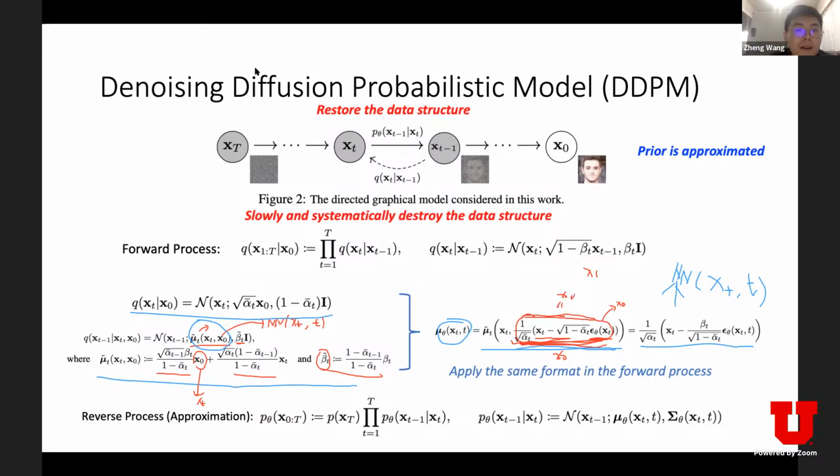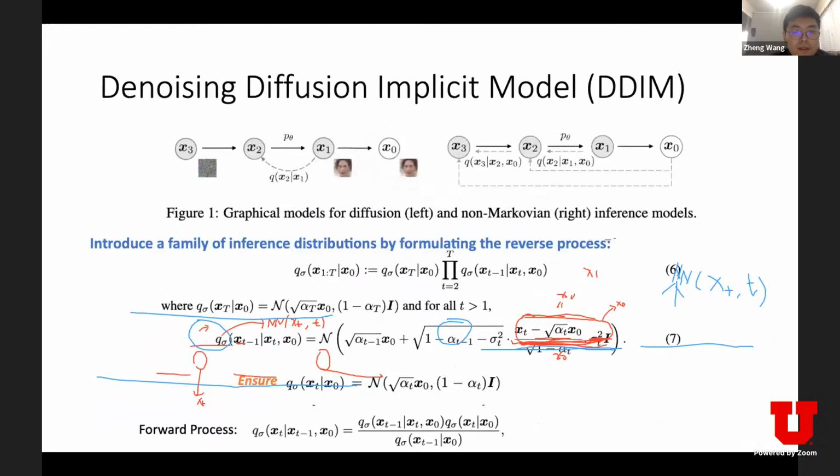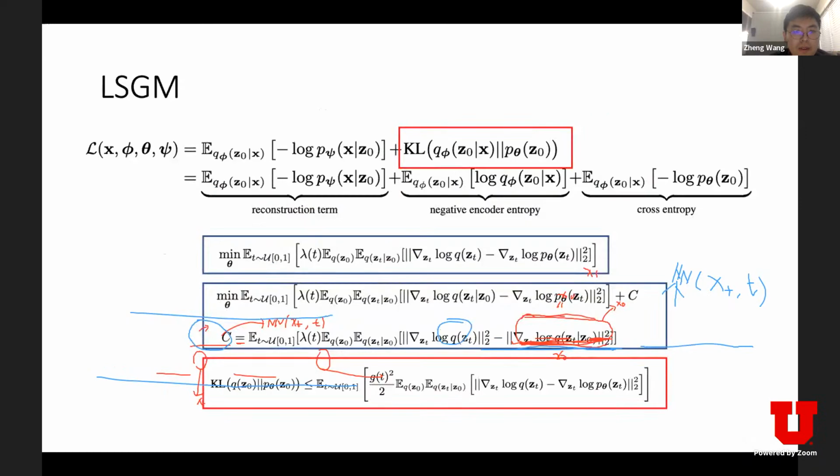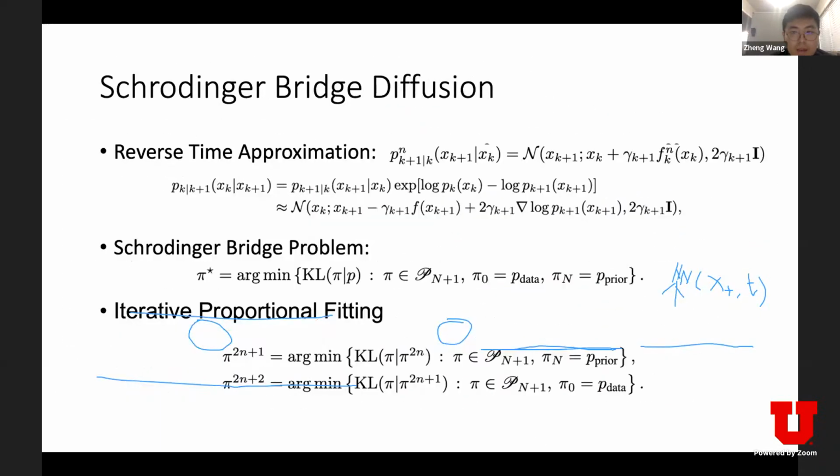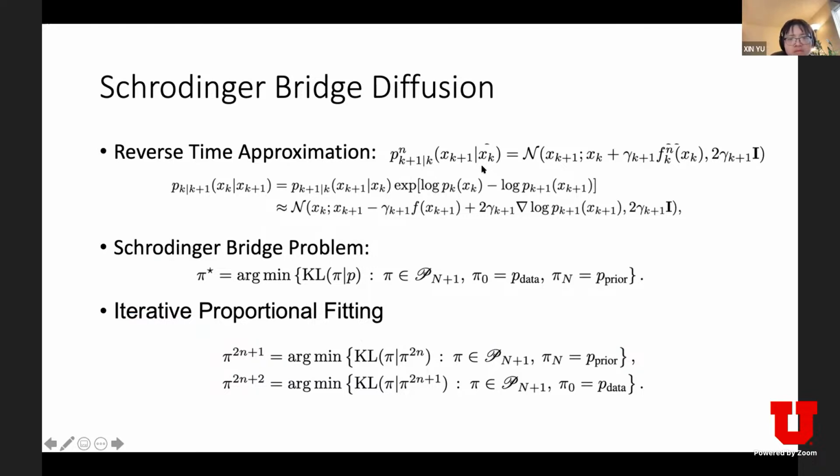Actually, let's see, let me go to these slides. If you have a forward conditional distribution or transitional kernel like this, the inverse transitional kernel can be approximated by this term.